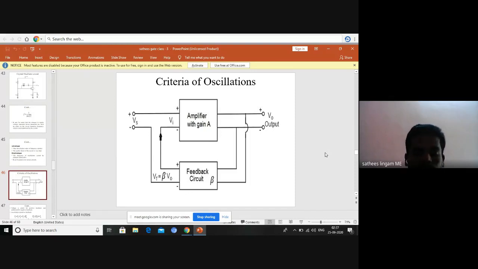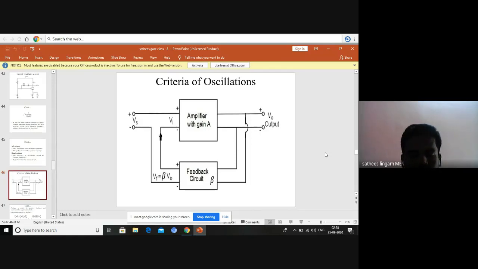Vf is the feedback voltage, a partial output received from the output voltage to the input side, so Vf is equal to beta into Vout.